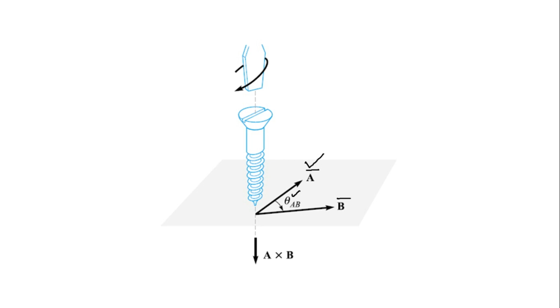Now at the common tail point of these two vectors when brought together here, we have the imagination of a screw, and with the help of a screwdriver, we want to get this screw inside the plane of the paper, or simply the plane in which these two vectors are lying.